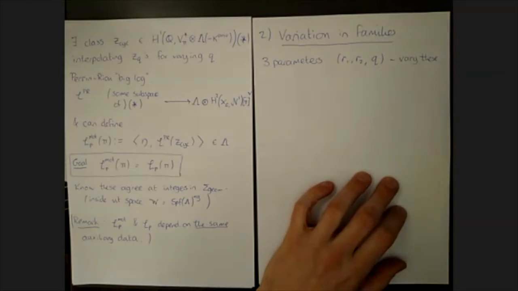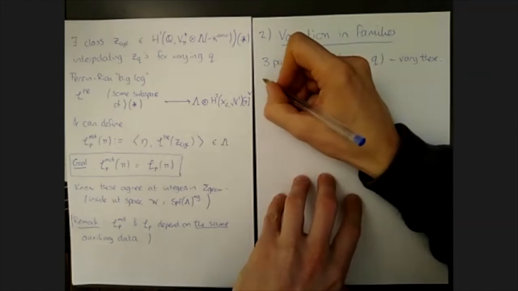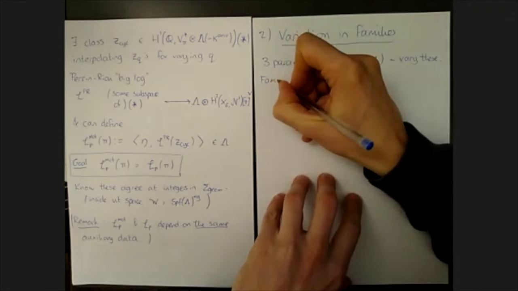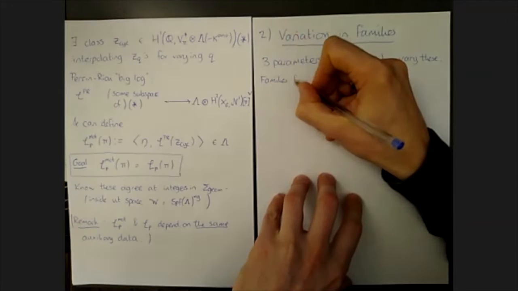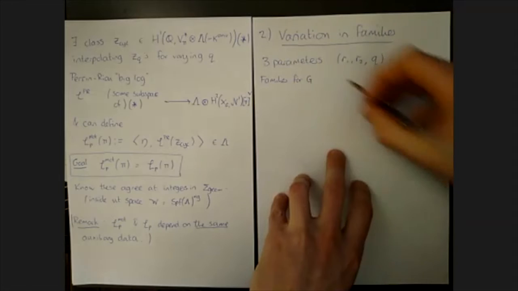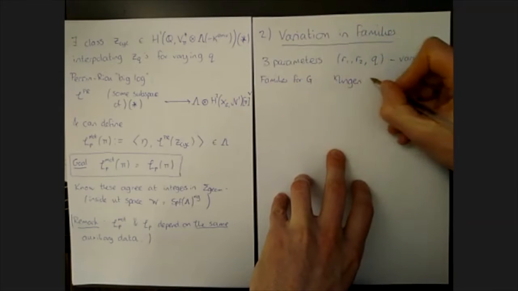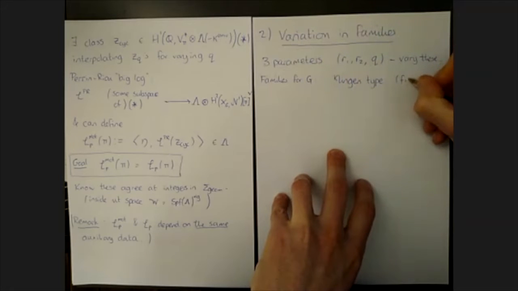But we're going to get some mileage by varying other parameters. So there's three kinds of p-adic families for G. You can vary it in what we call Klingon type, where you fix R2.